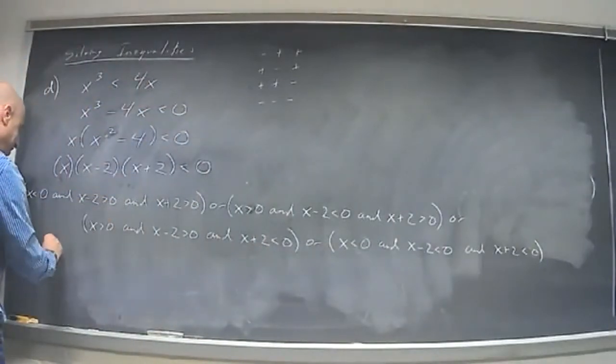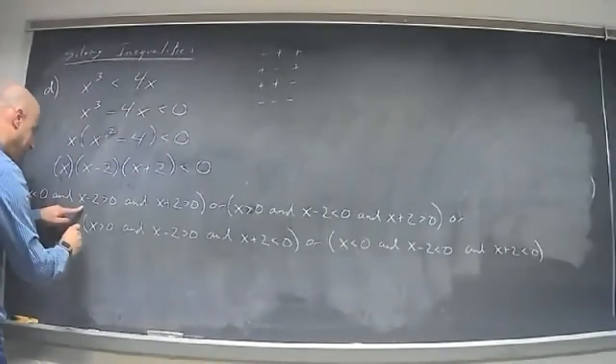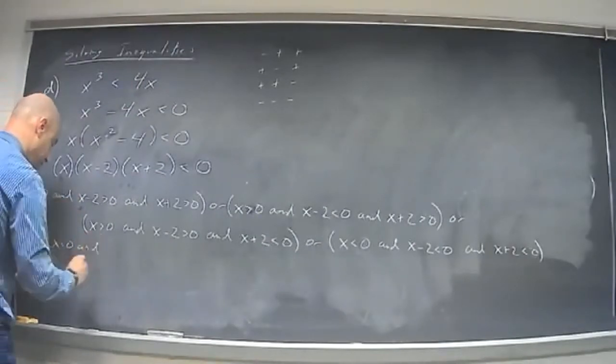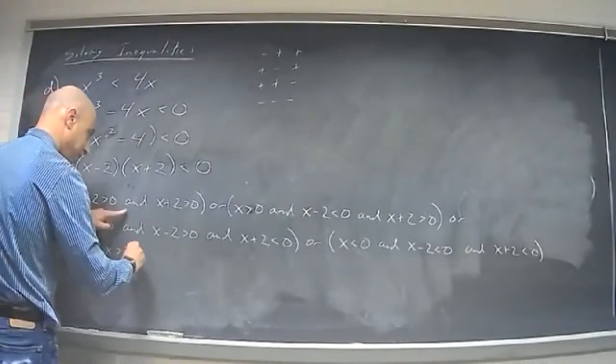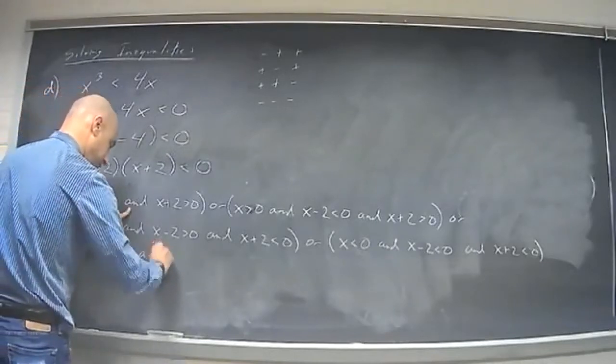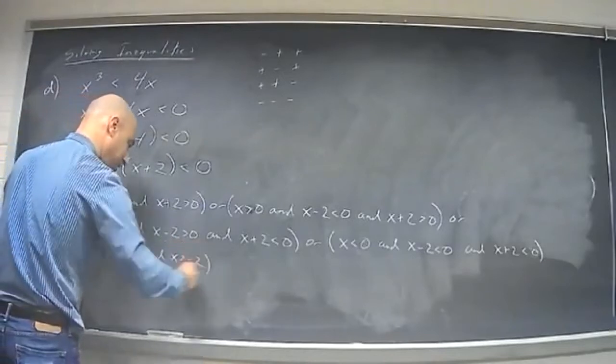So this says x is less than 0 and x is greater than 2 and x is greater than negative 2.